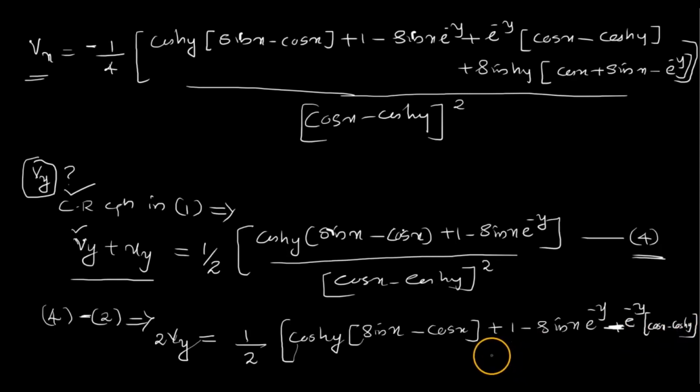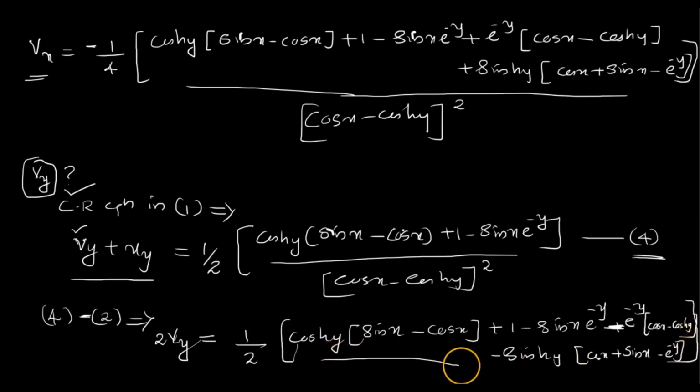And the next term becomes minus sin Hy into cos x plus sin x minus e raised to minus y. This is our whole term, and the denominator is common. The denominator is cos x minus cos Hy whole square.